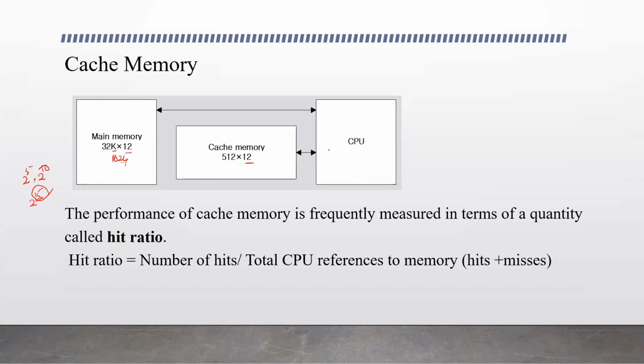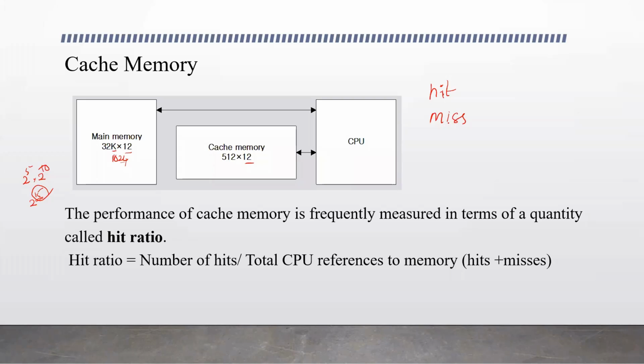When the CPU searches for a word in cache memory and the word is available, we call that condition a hit. And when the CPU searches for a word in cache memory and it is not available in the cache, we refer to that as a miss.